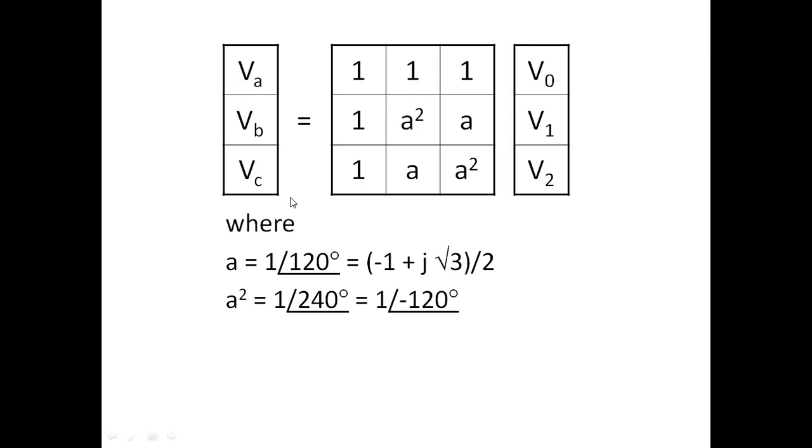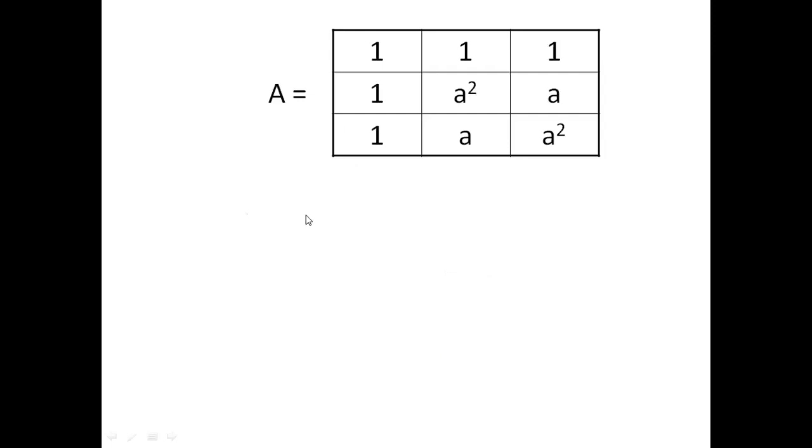Second is VA, VB, VC in matrix form: 1, 1, 1; 1, a square, a; 1, a, a square, times V0, V1, V2, where a denotes 1 at an angle of 120 degrees, which means minus 1 plus j root 3 by 2. A square is equal to 1 at an angle of 240, which is equal to 1 at an angle of minus 120. And a cube is equal to 1 at an angle of 360, which is equal to 1 at an angle of 0.